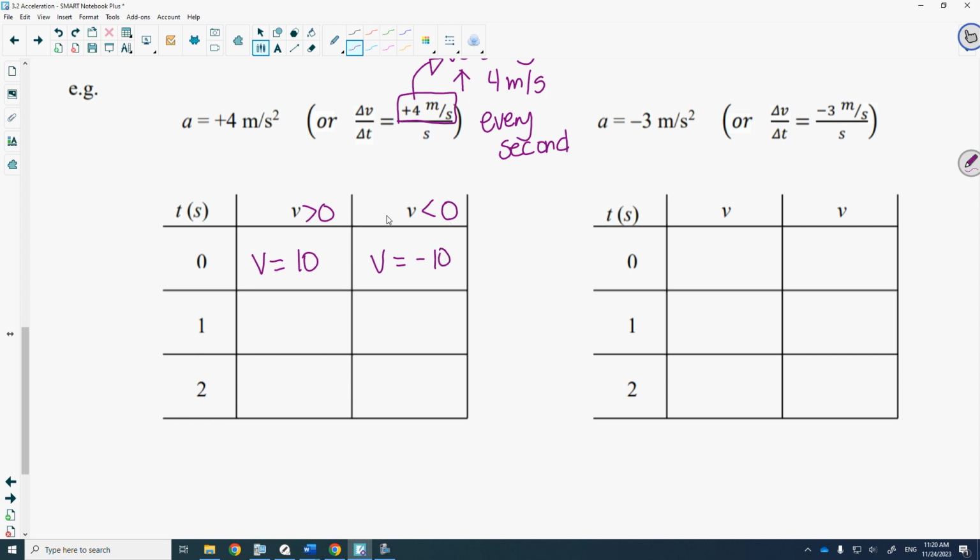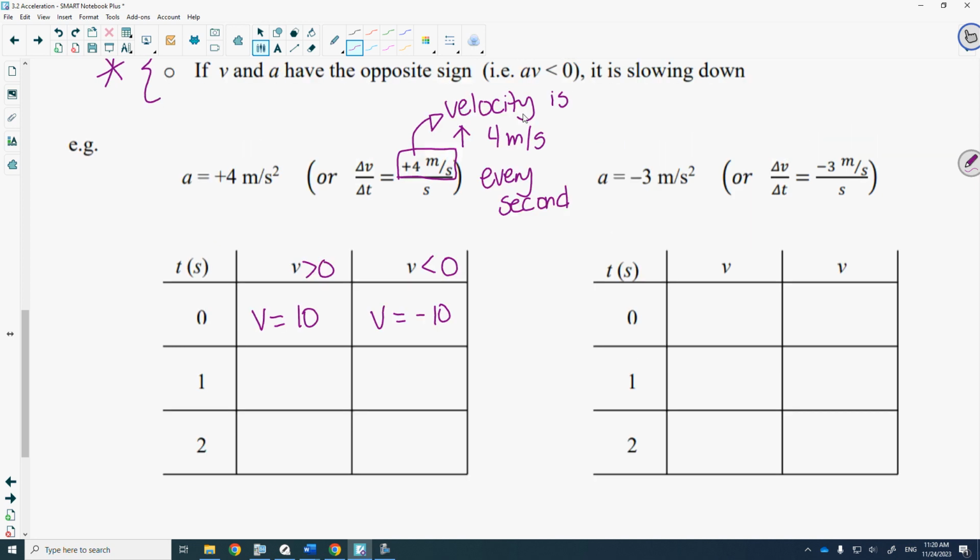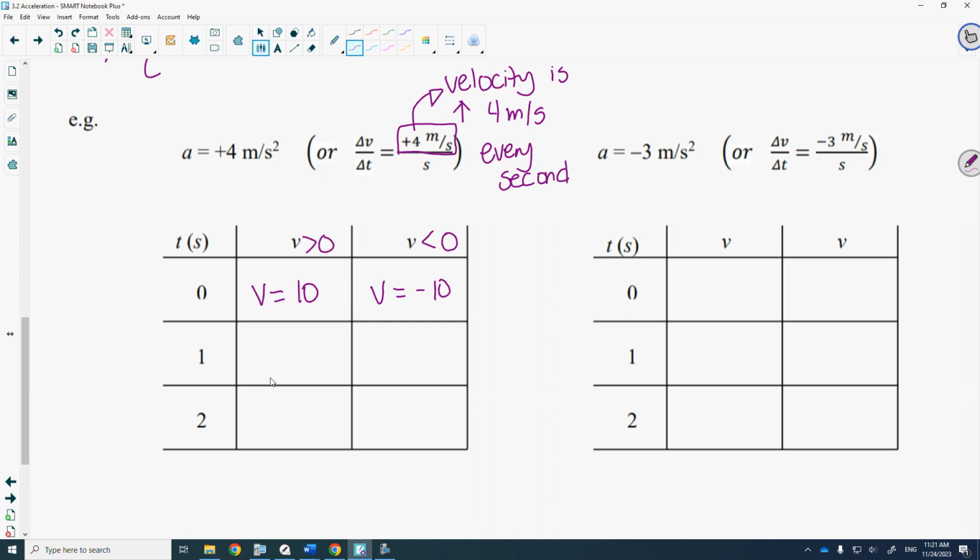Okay, so at 1 second, what would my velocity be if I'm increasing by 4 meters per second every second? What would my velocity at 1 second be? 14. So if I'm increasing by 4 meters per second every second, at 1 second, my velocity would be 14. And at 2 seconds, my velocity would be 18.